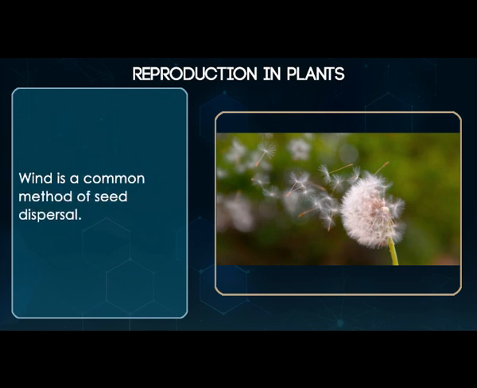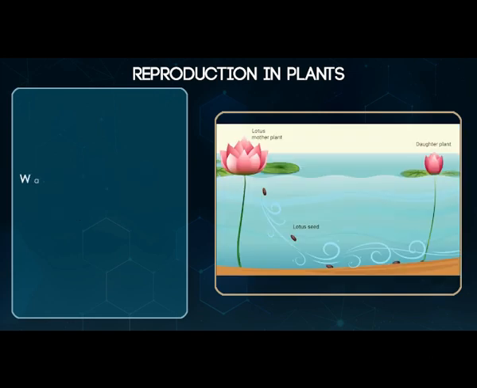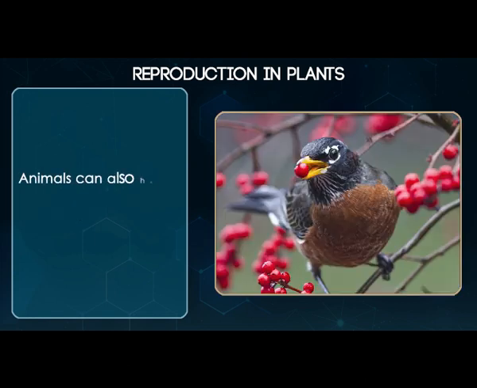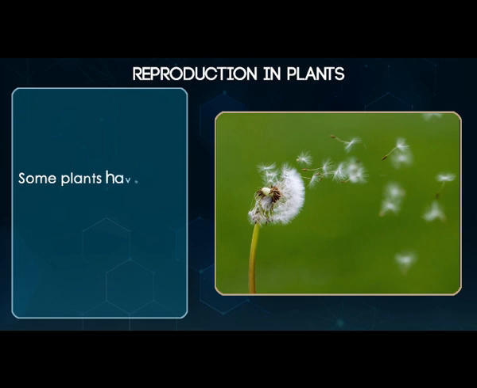Wind is a common method of seed dispersal. Water is another method of seed dispersal. Animals can also help to disperse seeds. Some plants have explosive mechanism for seed dispersal.